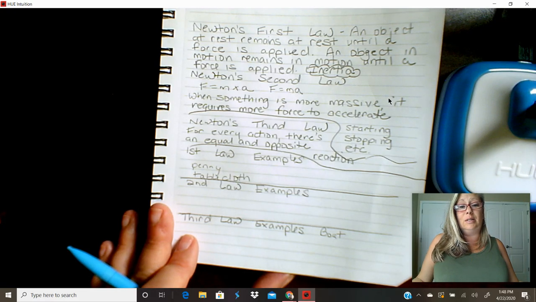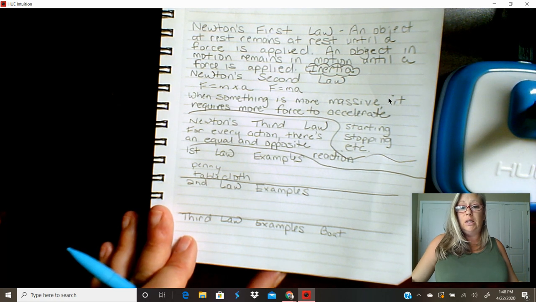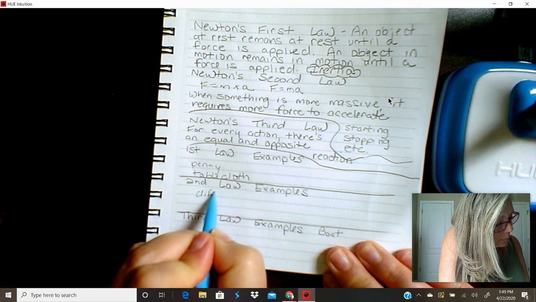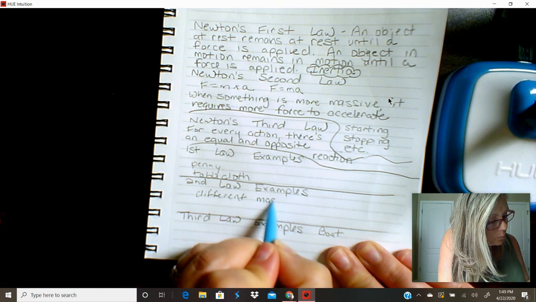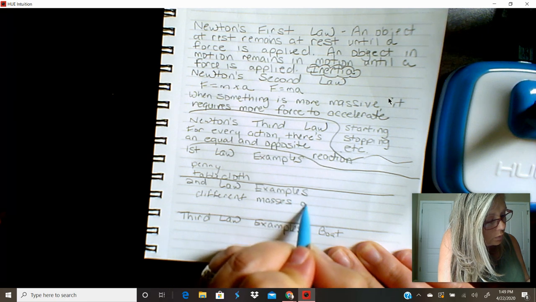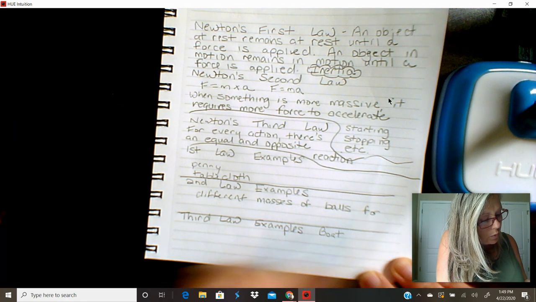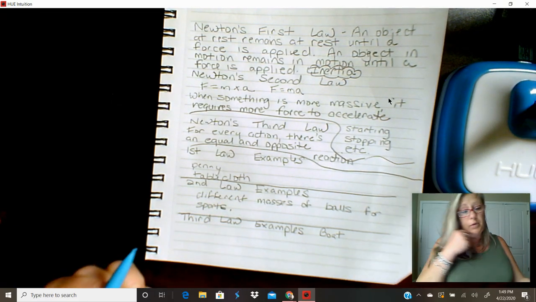Probably would result in some broken bones, so you probably would never do that. But something more massive requires more force. So different masses of balls would be a good example, and the amount of force applied to each one. That should give you enough information to help you with this section of your Google form.